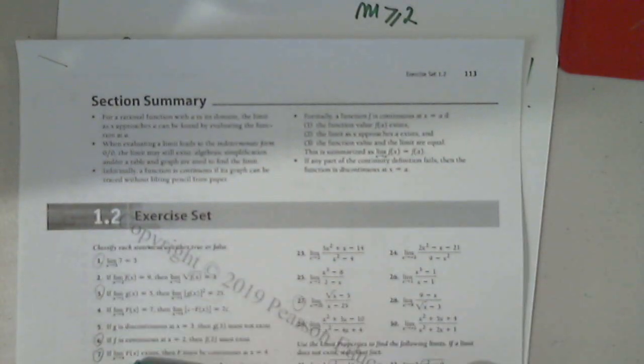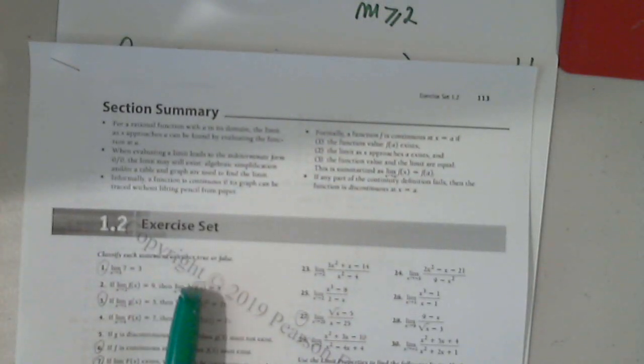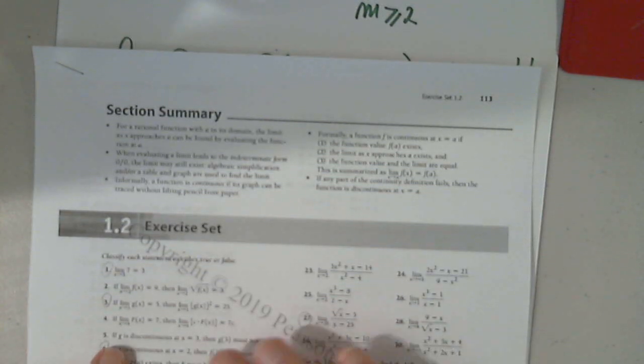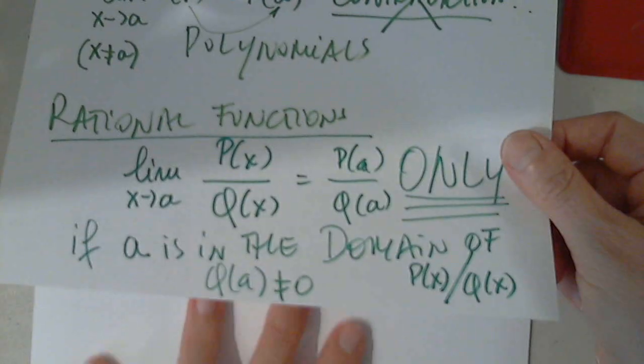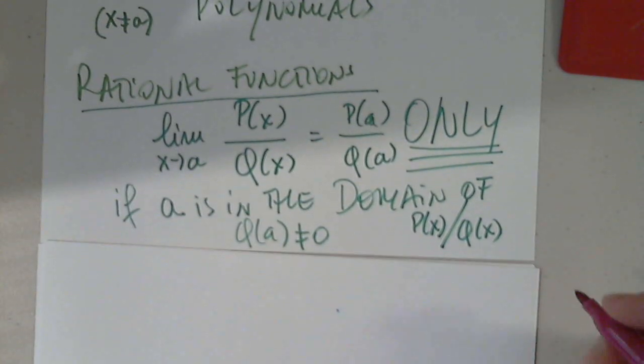So the first set is asking us to classify each statement as true or false. We can select anything, but not the continuity or discontinuity yet, we haven't talked about that yet. So from among the first ones, any questions? Always stop me if you have questions. Don't hesitate, please.